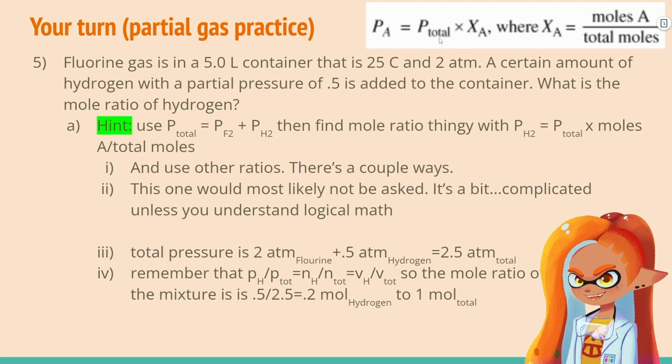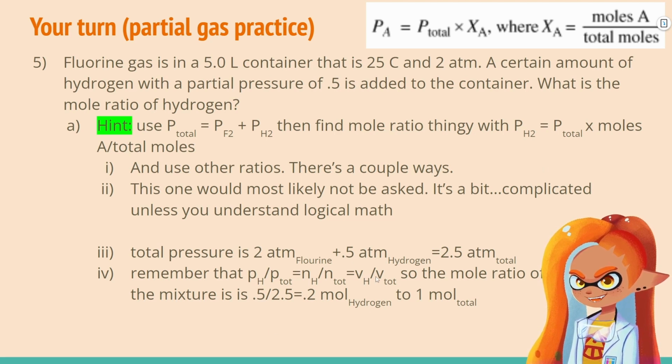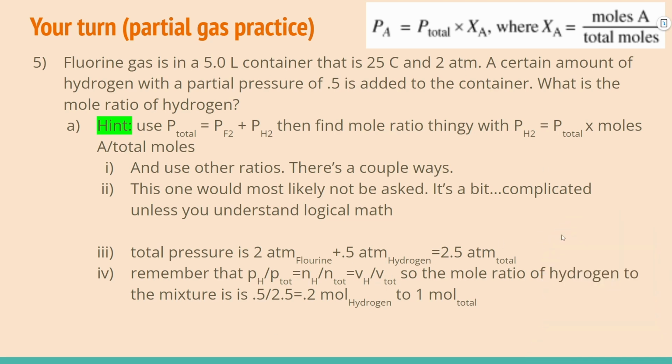Then I'm using the relationship here where I can move stuff around in order to get total moles and moles of A and all that stuff here. And so then I can do the mole ratio of that, which is just the 0.5 divided by the 2.5 atmospheres, because these were atmospheres, and I got that, and that relates to the number of moles, 0.2 moles of hydrogen to 1 mole total.